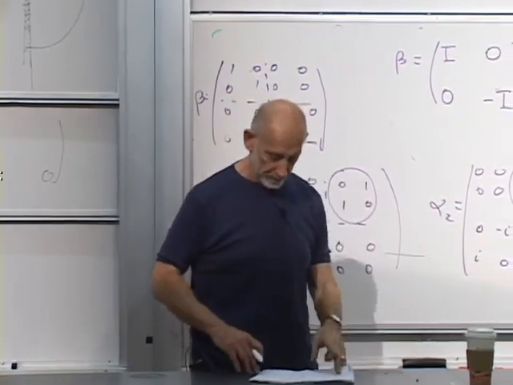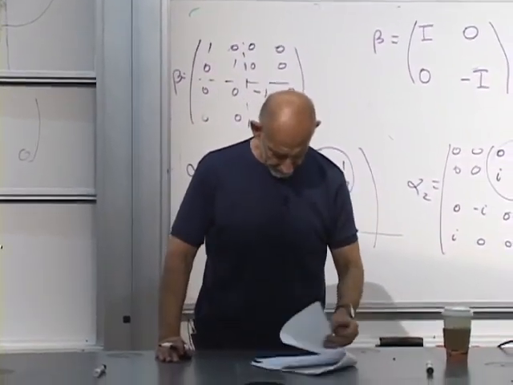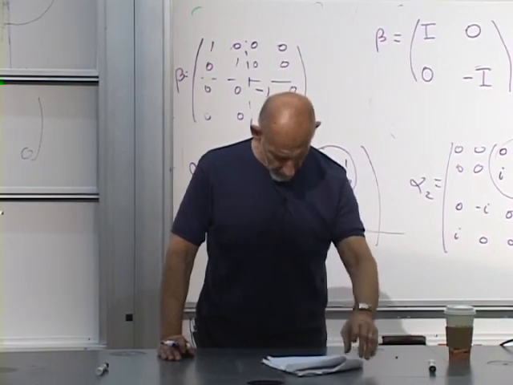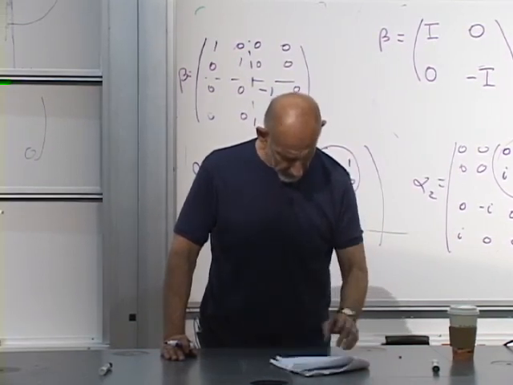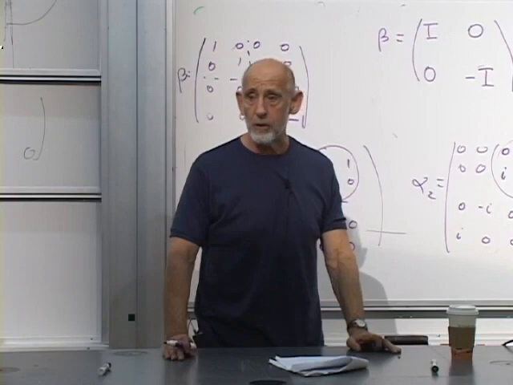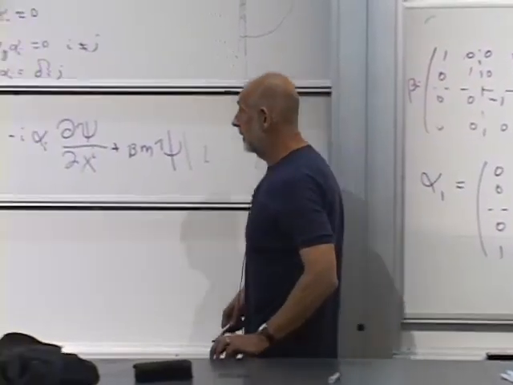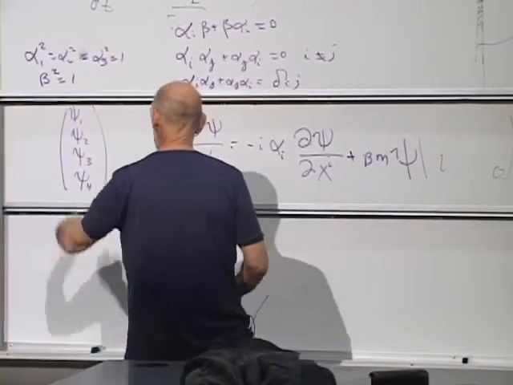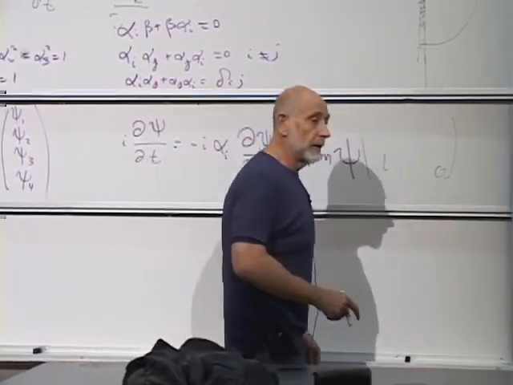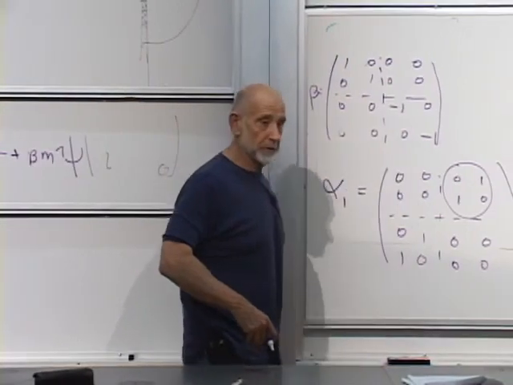It's called the Dirac equation. We will come back to it, and next time we'll discuss where spin comes from. Where spin comes from is the extra doubling, if you like, of the size of the matrices.